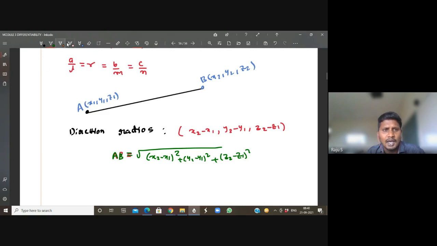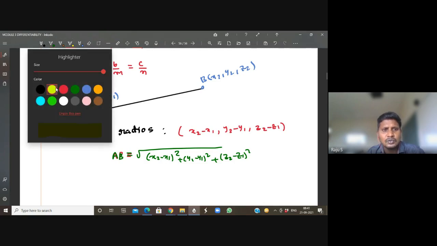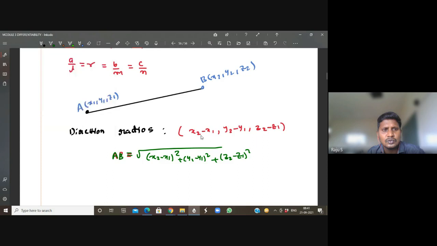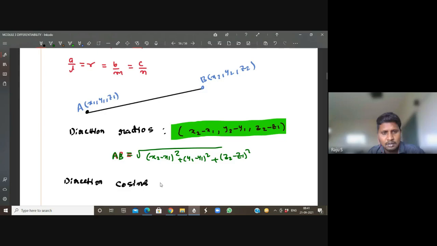So directly the direction ratios are x2 minus x1, y2 minus y1, z2 minus z1. Then the direction cosines of line segment AB are simple, students.